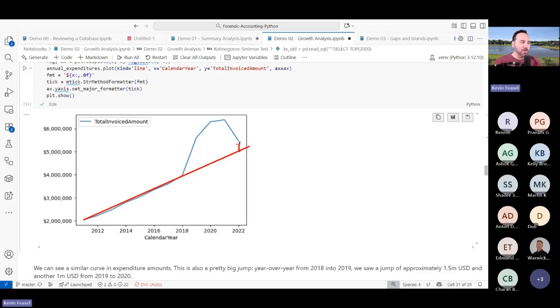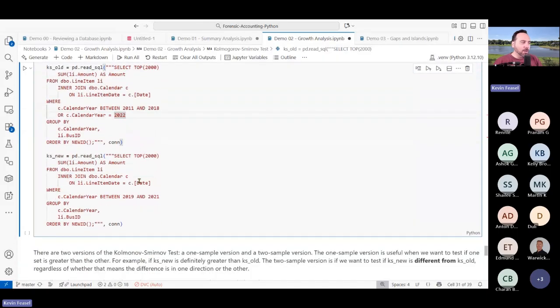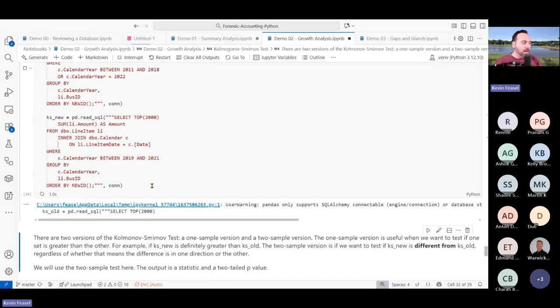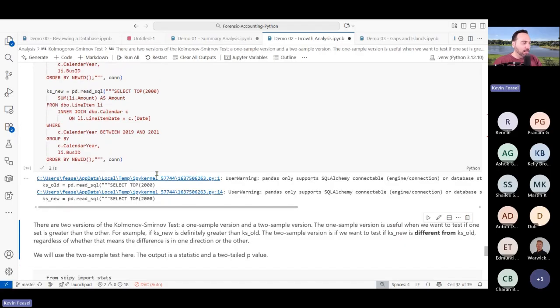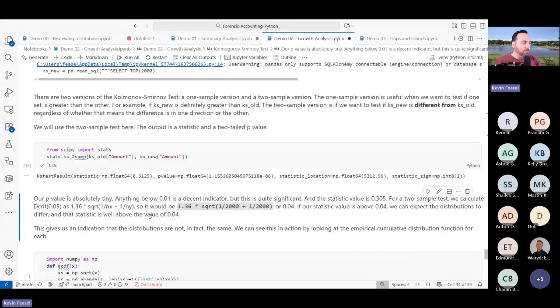So it feels like 2022 is a major turn back toward that line. That's why I want to include that year as well. So if we compare those and then the dates for 2019 to 2021, and I run this analysis, I can get some statistical result.